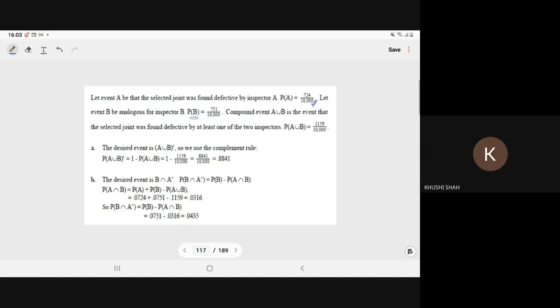Either one or both we denote by A union B. The selected joint was found defective by at least one of the two inspectors, so P of A union B is given as 1159 upon 10,000.